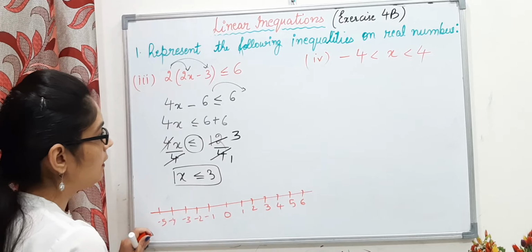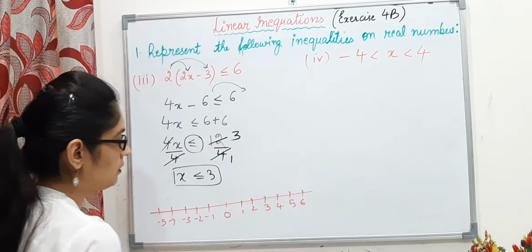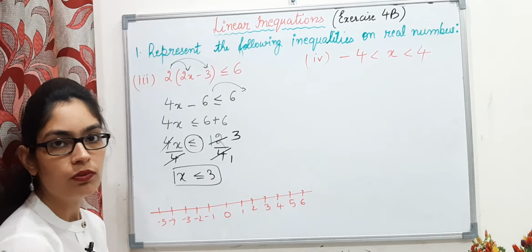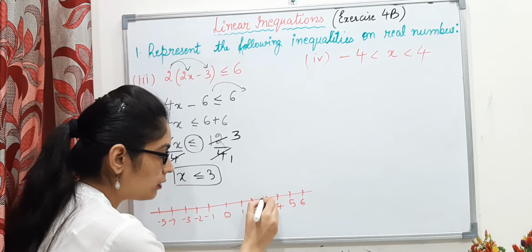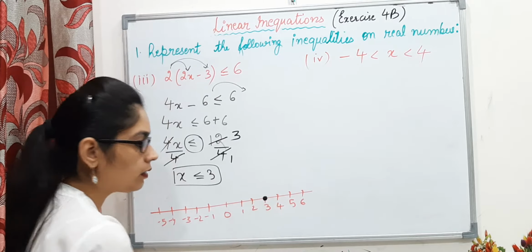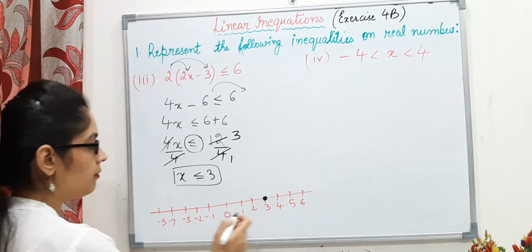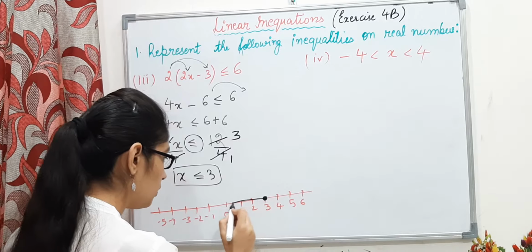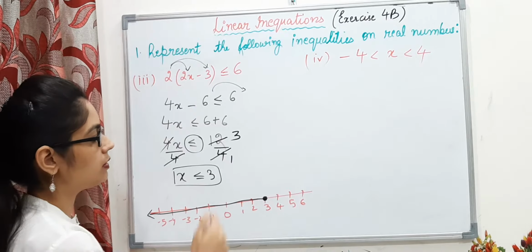X is less than, so it is positive 3. This is positive 3, the sign of less than and equal to is also there. So we will draw one dark dot for this. So left side we have to go. So this is the representation of this point.